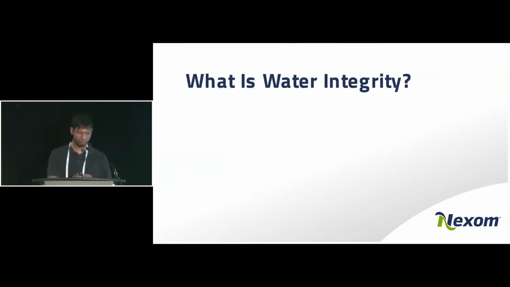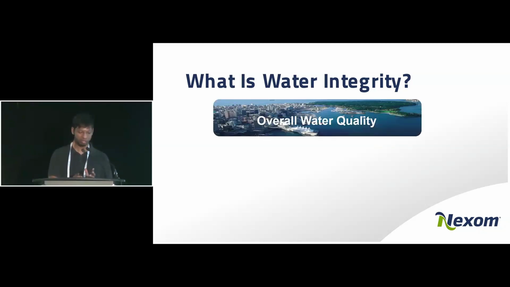Coming to our main topic for today, which is water integrity. Water integrity, in other words, is just the overall water quality. The way we can measure it is through its physical quality, which deals with how clear or transparent the water is.